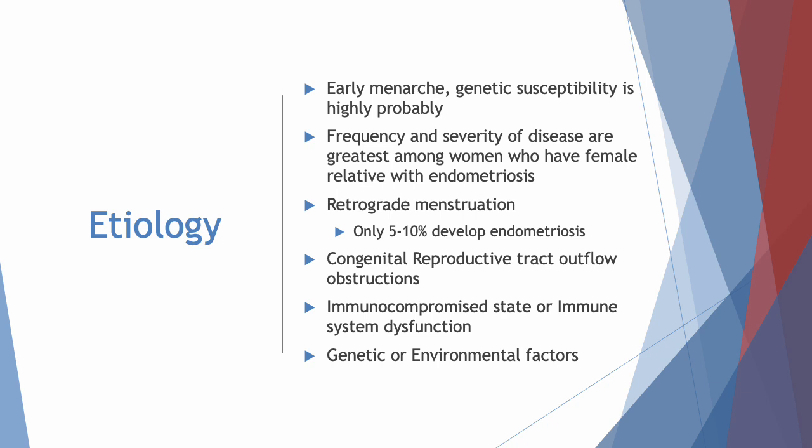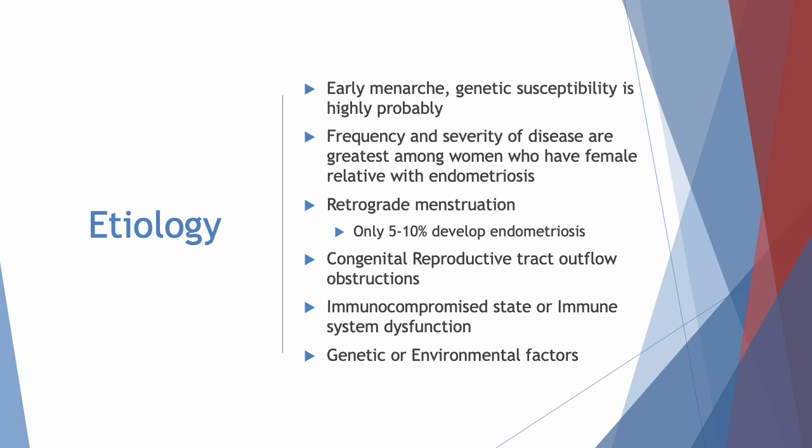Congenital reproductive tract outflow obstructions also increase the risk for endometriosis, because of the way the reproductive tract is structured in these malformations, it's obstructed and the tissue can't leave as it should. There's also some evidence that being immunocompromised or having immune system dysfunction leads to the body not effectively killing this endometrial tissue that's in the abnormal areas.